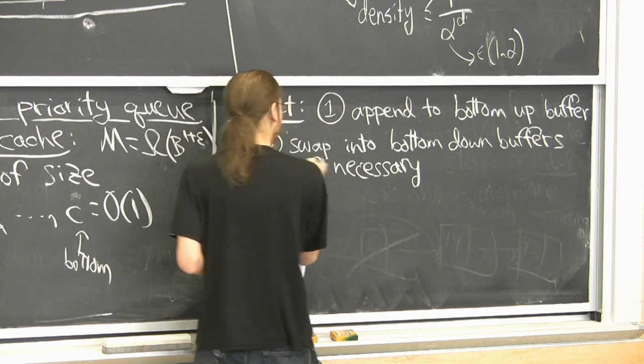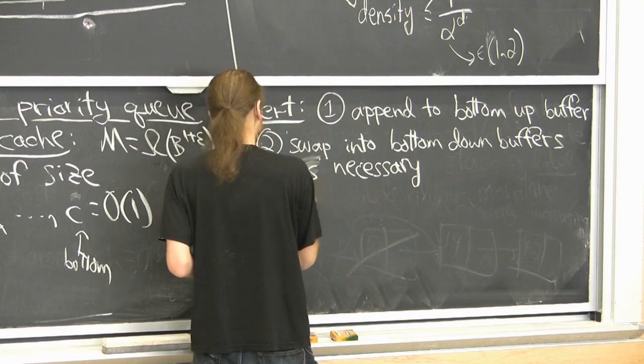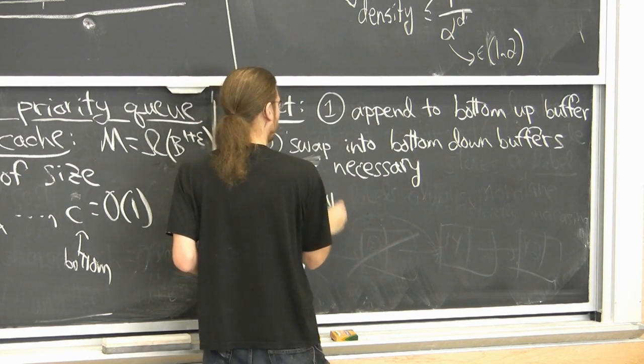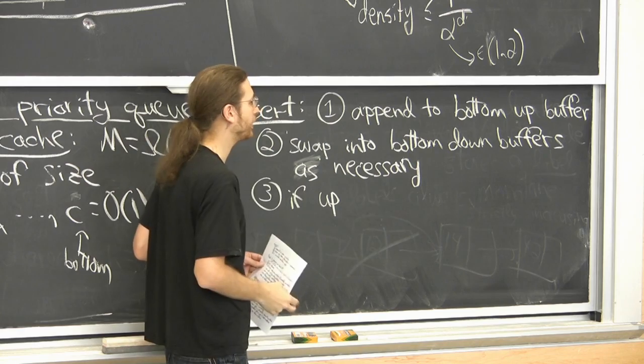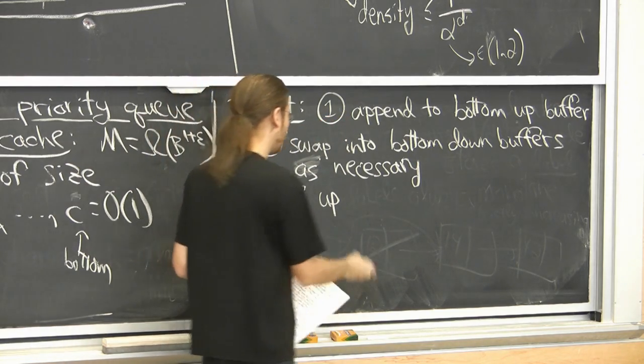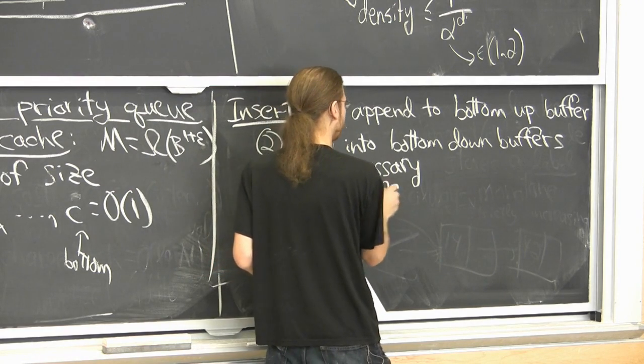Might have to do a bunch of swaps, but it's all constant. The only buffer that got larger by one item was the up buffer, because here we did swaps to preserve size. And if that overflows, then we do something interesting.